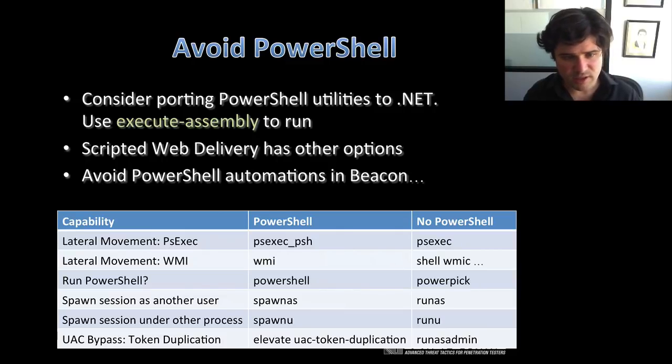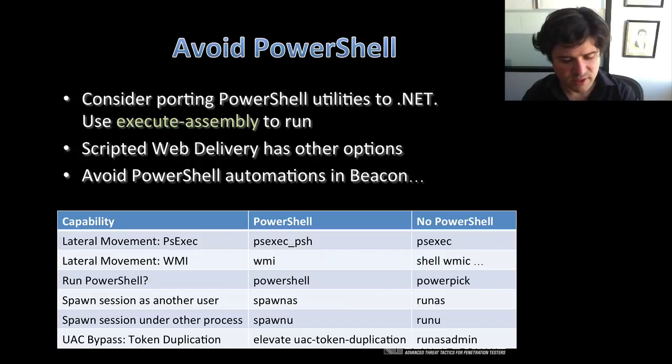Certainly for lateral movement, psexec PowerShell is a long favorite of some people. But Beacon does have a psexec command. The psexec command in Beacon uses APIs. It does not run anything on the attacking beacon, the pivot beacon. What it does is upload an executable to the target, to either ADMIN$ or C$ or whatever share you specify.